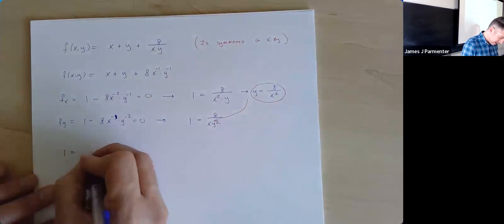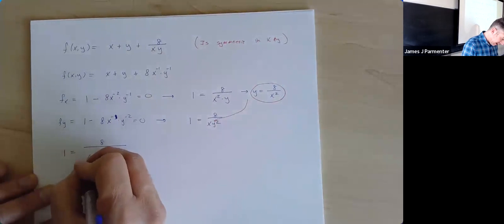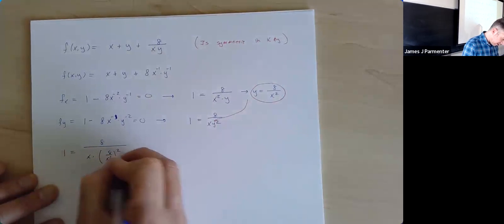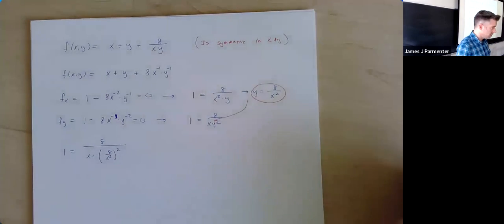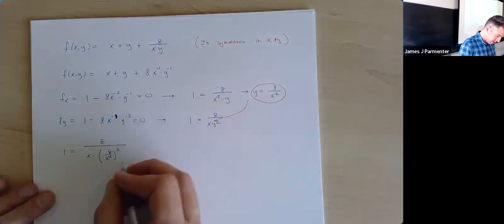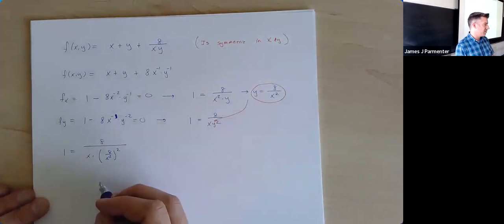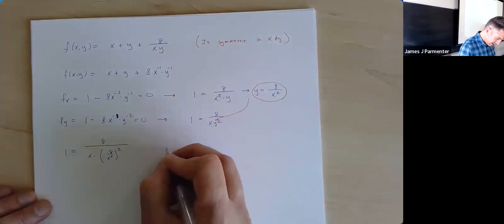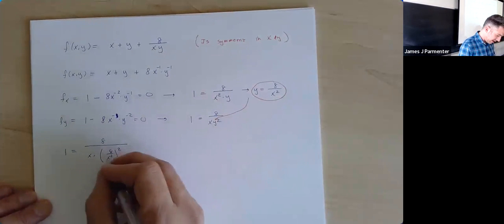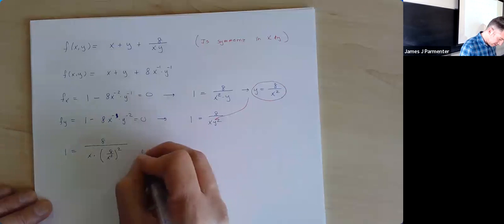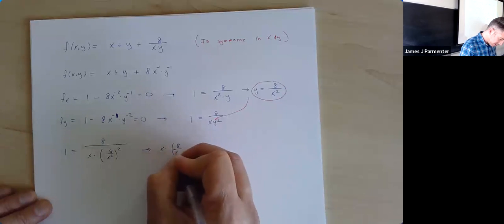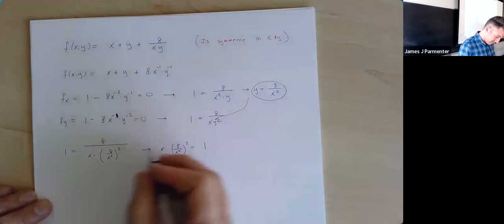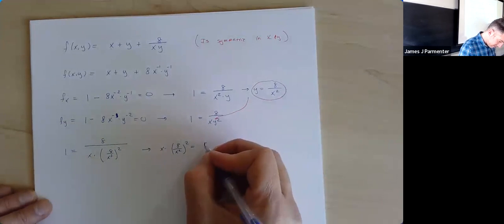1 is going to equal 8 divided by x times 8 over x squared squared. Okay, that's not too terrible. So let's get rid of these denominators and multiply both sides by x times 8 over x squared and get x times 8 over x squared equal to 1. Sorry, equal to 8.